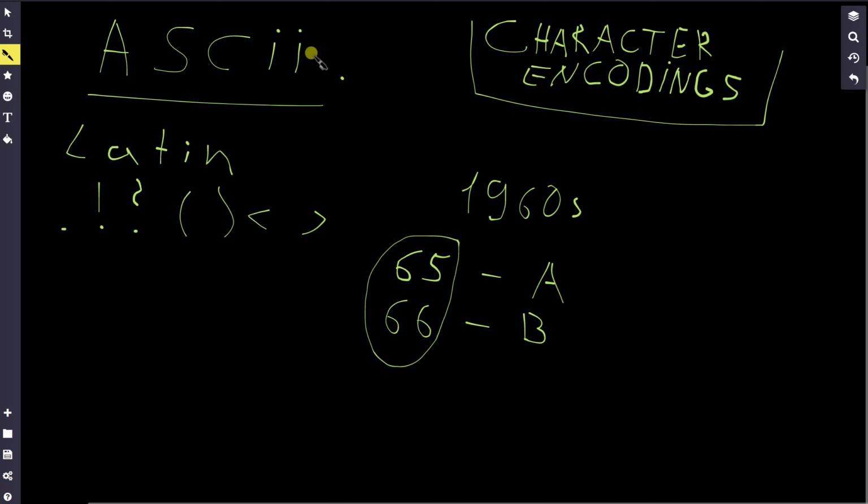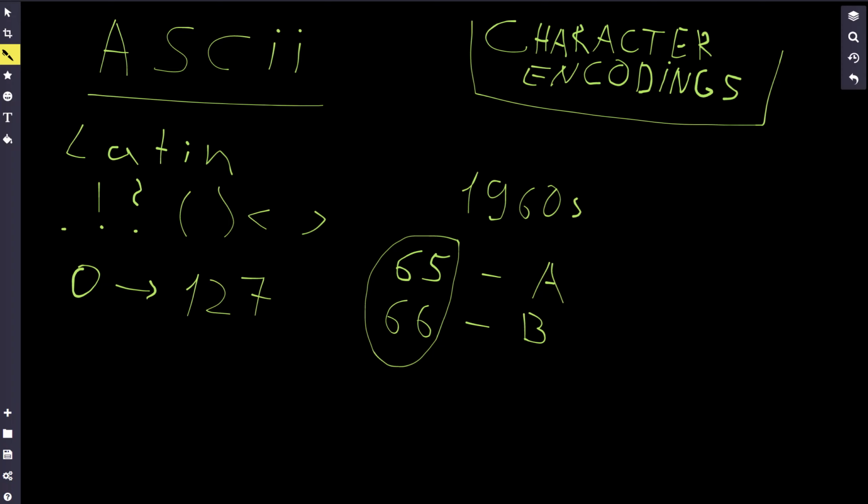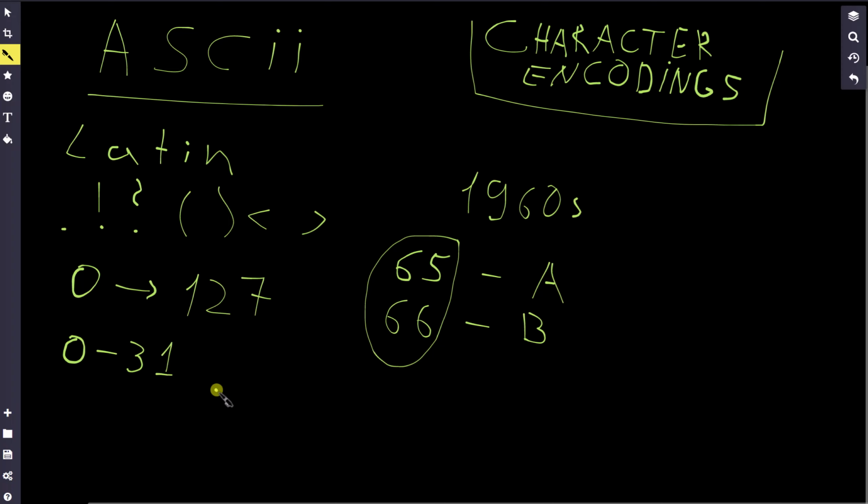Under the hood, ASCII used numbers from 0 to 127 to encode various characters. Specifically, codes from 0 to 31 were used for special characters.